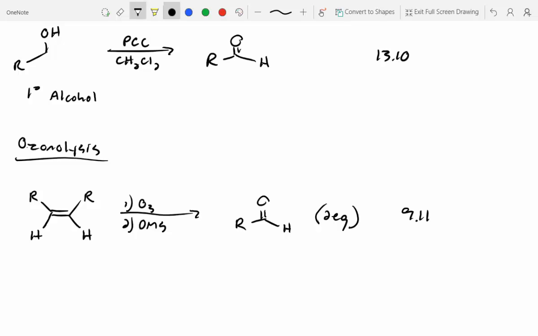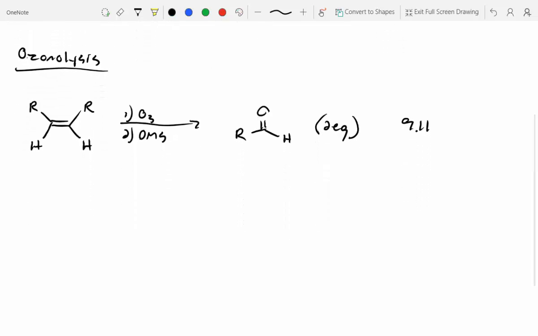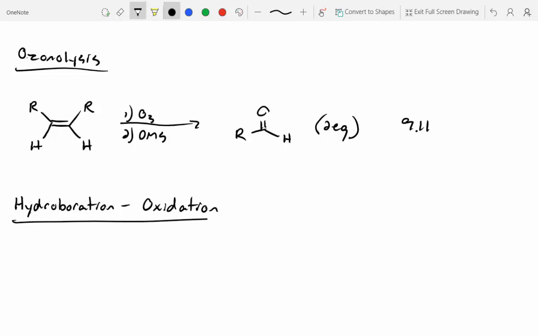And then we also covered how to make aldehydes through hydroboration oxidation. Does hydroboration oxidation of an alkene give you an aldehyde? No, it gives you an alcohol, right? When did we use hydroboration oxidation to get an aldehyde? Alkynes, right?